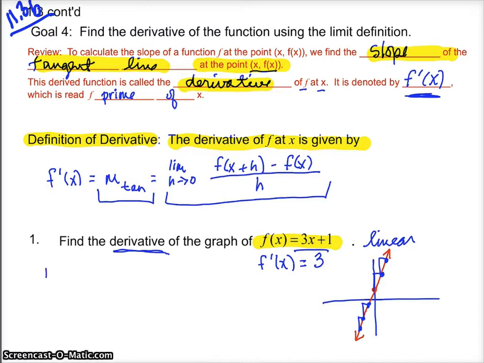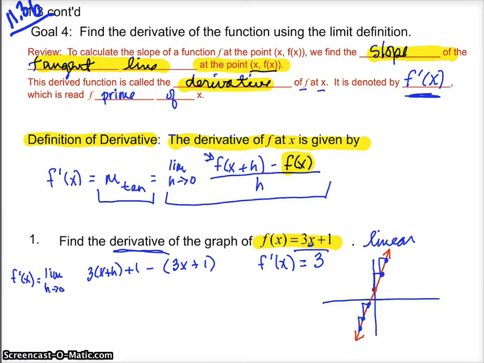So we would be finding the derivative as the limit of h approaches 0. All right, remember the first step tells me to replace x with x plus h. So 3 times x plus h plus 1 minus the second portion of my limit formula is to subtract the function 3x plus 1.